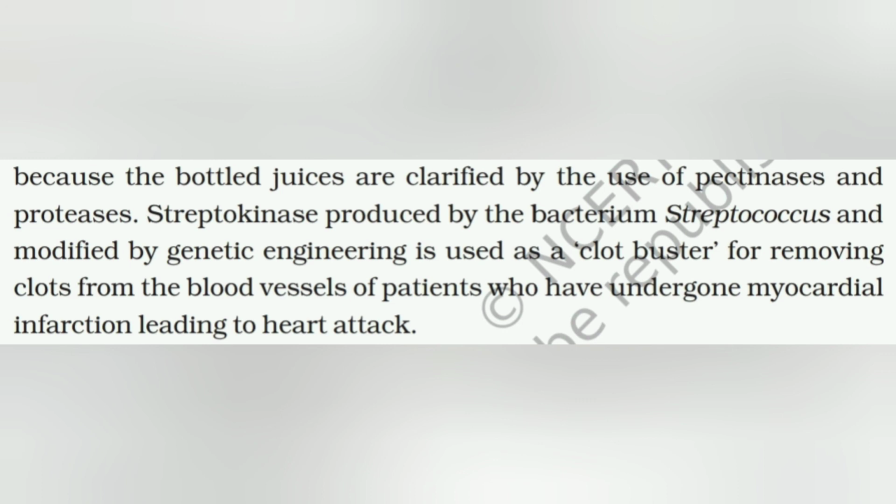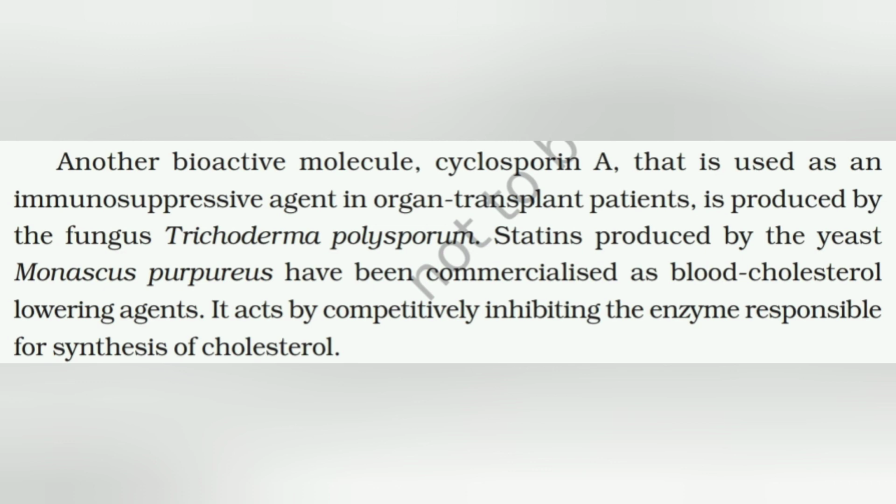Another bioactive molecule, cyclosporin A, used as an immunosuppressive agent in organ transplant patients, is produced by the fungus Trichoderma polysporum. Statins produced by the yeast Monascus purpureus have been commercialized as blood cholesterol lowering agents. It acts by competitively inhibiting the enzyme responsible for synthesis of cholesterol.